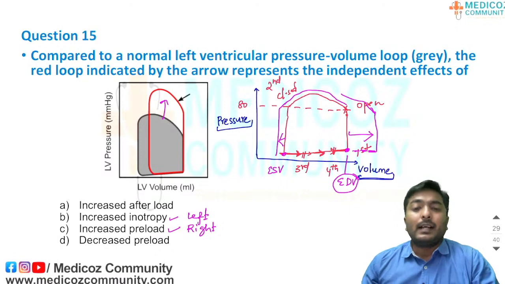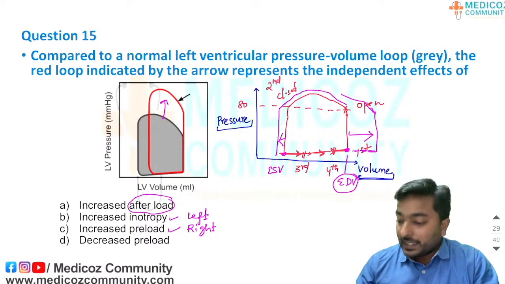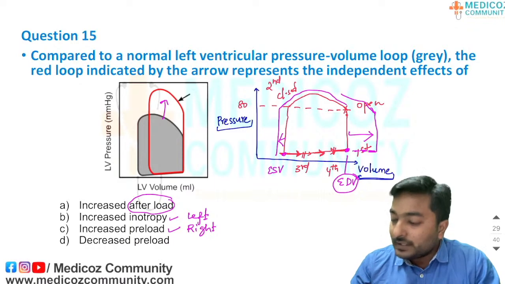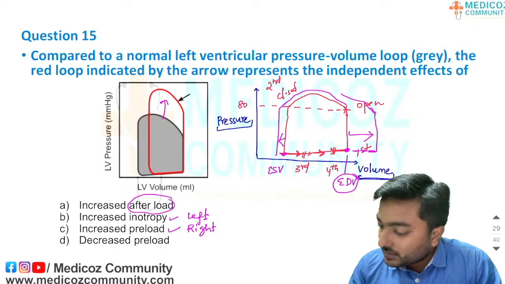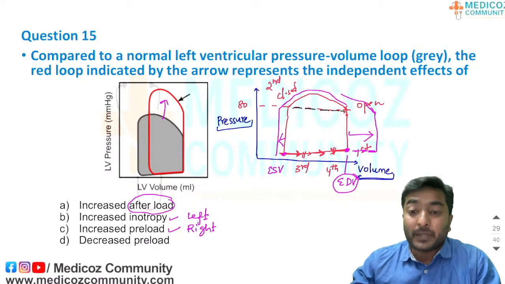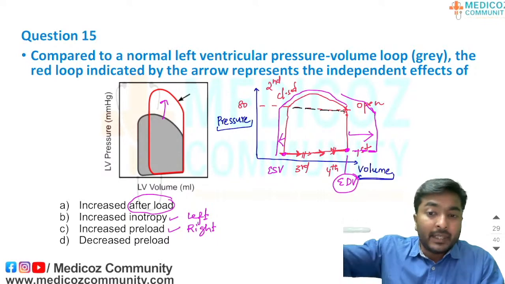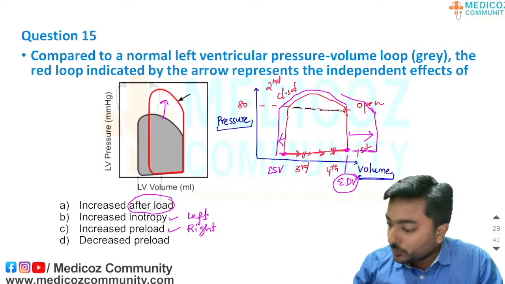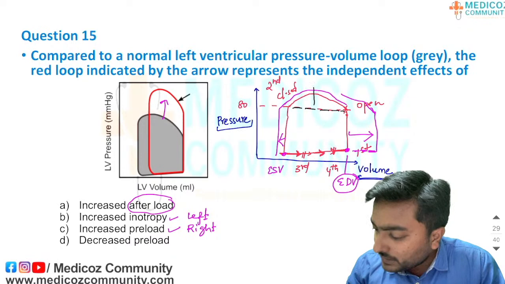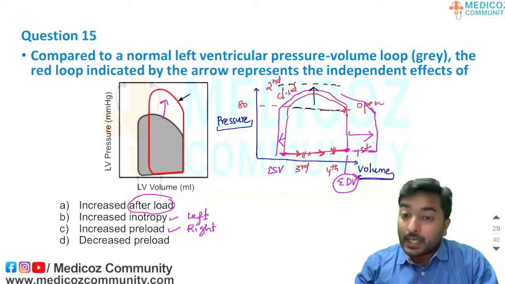The remaining one is increased afterload. Imagine what I said for the afterload. This is the pressure in the aorta, against which the pressure shoots up in the ventricle, then the semilunar valve opens and the rapid ejection phase begins. Suppose this aortic pressure has risen due to some reasons. Now the afterload has increased.